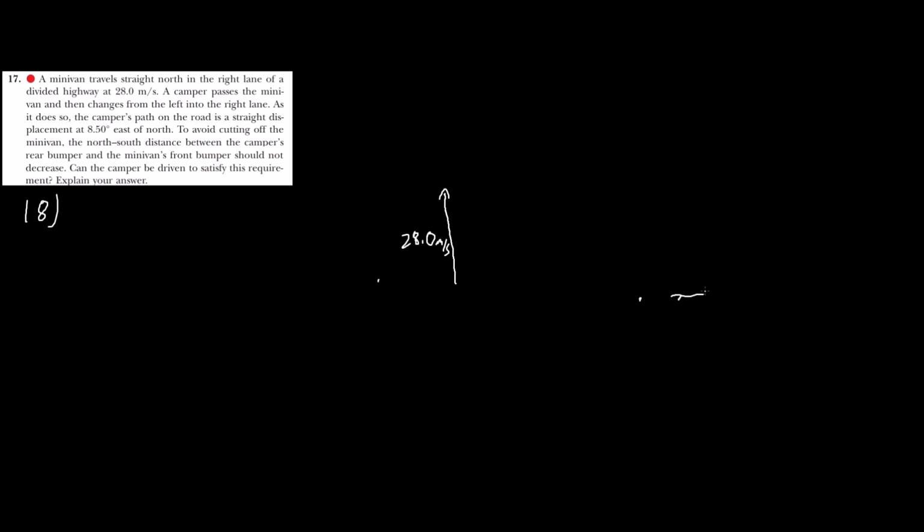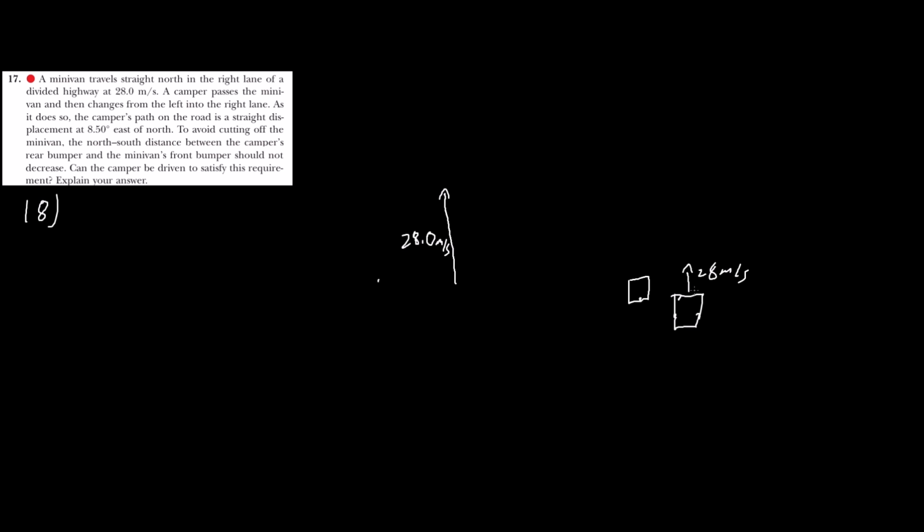So it's going to pass. I'm not sure which is which, but to avoid cutting it off, this bottom portion has to exceed 28 meters per second in order for it to pass.